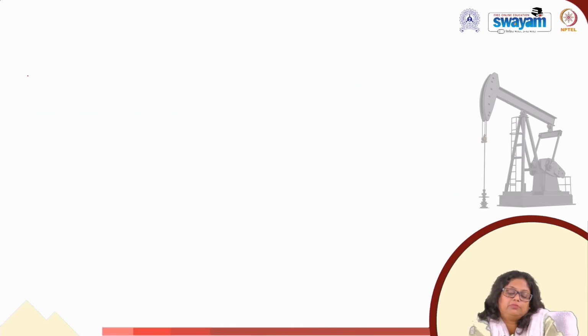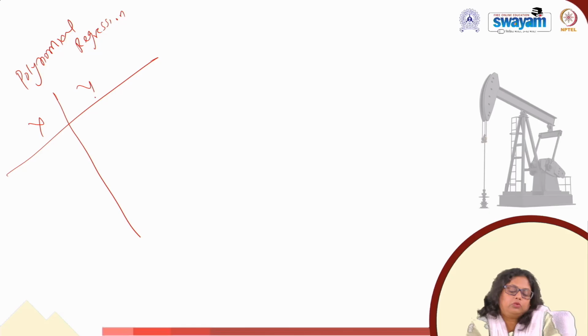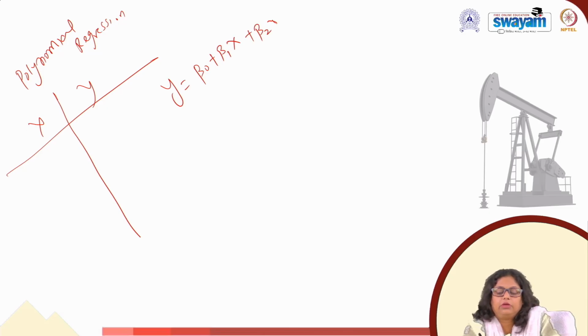So how does this polynomial regression work? When we work with polynomial regression, assume we are talking about two columns, x and y. When we work with this type of data, y is equal to beta 0 plus beta 1 x plus beta 2 x square.